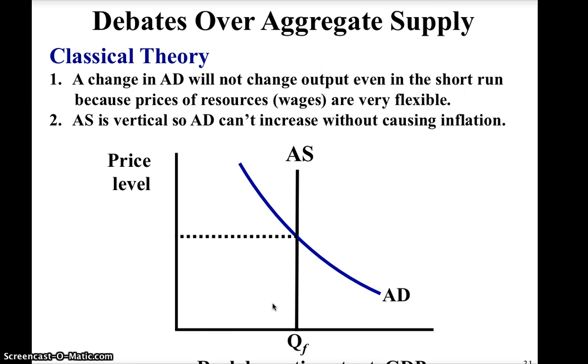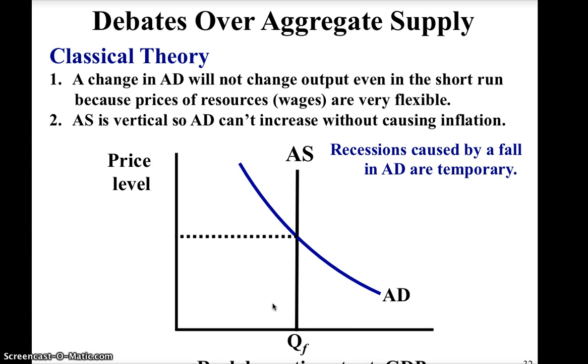And so if you stimulate the economy or you stimulate aggregate demand by increasing consumption, the only thing that will happen is prices will begin increasing. And as prices increase, wages will increase, and then eventually that will cause aggregate demand to fall back down.